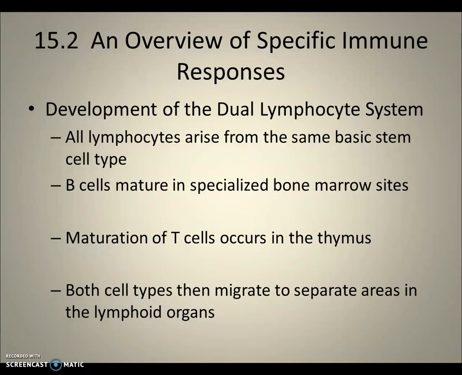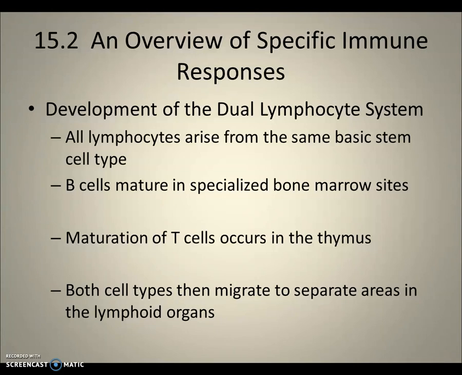So remember, all of the differentiation of all of the different types of blood cells happens within the bone marrow for adults. So B cells and T cells are both going to differentiate or be formed within the bone marrow, but then they migrate to different locations within the body where they actually undergo a process of maturation, which I'm going to talk about.